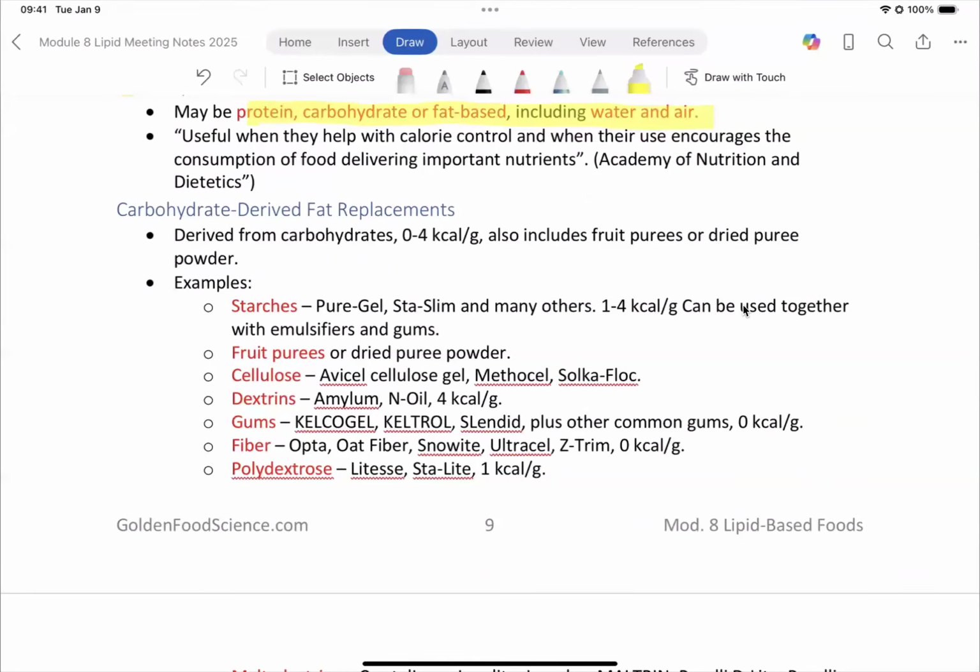If you take the fat out, it gets watery and not very tasty. So you can use a starch, or a fruit puree like prunes, or a gum or a gel, to add more body to your product, and we can use that as a fat replacer.